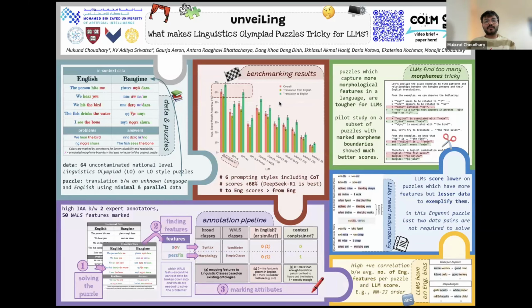That is a good question. That is actually a limitation of our study. Any linguistics Olympiad puzzle has two problems in it. One is the linguistic feature itself, which we explored, and the other is the reasoning process we need to do. Mostly students solve it by frequency pattern matching. You see the word V twice, and you see the morpheme NE twice, and you figure out that this is what the mapping is.